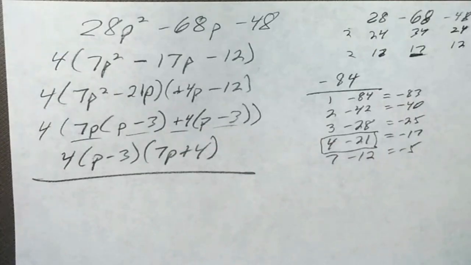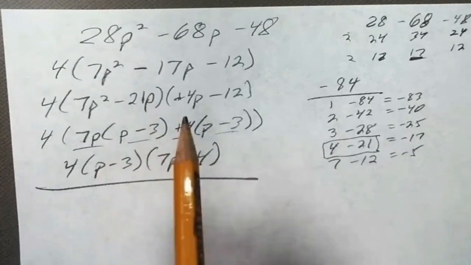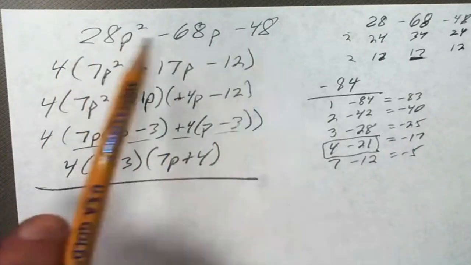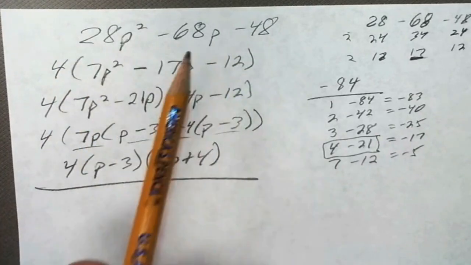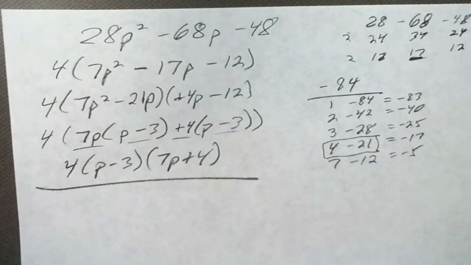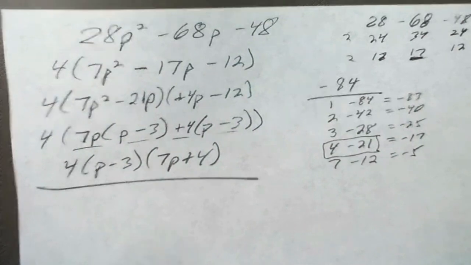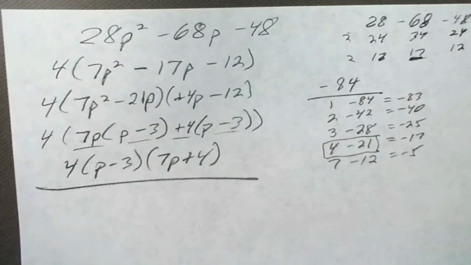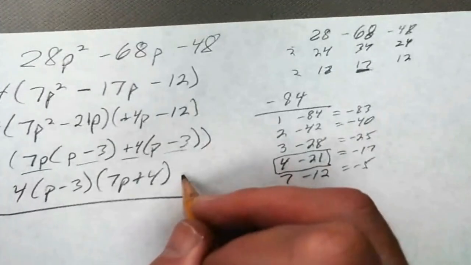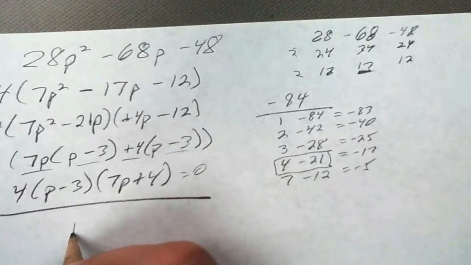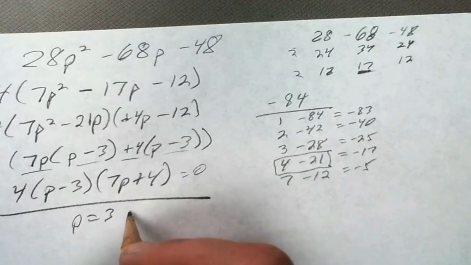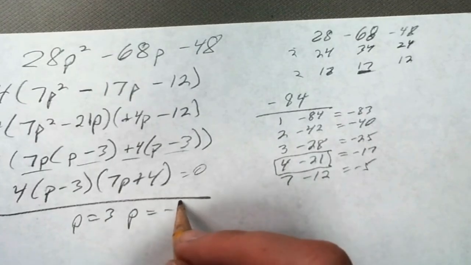So it takes a little bit of work, but we were able to take this big nasty trinomial up here and break it down to its factors, which means then we can solve it. So if we were solving it, we'd set it equal to 0 and say the solutions are p equals 3 and p equals negative 4/7.